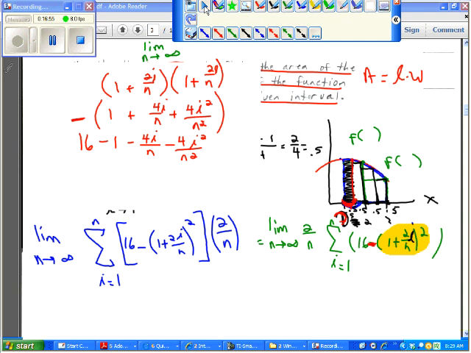I'm going to simplify everything in that parenthesis for just a second, and then we'll stick it in. I didn't want this to just appear. You can do the math. So we're going to have 16 minus 1 is 15, right? So we're going to have 15 minus 4i over n minus 4i squared over n squared. Now, that's what all of that turns into, right?